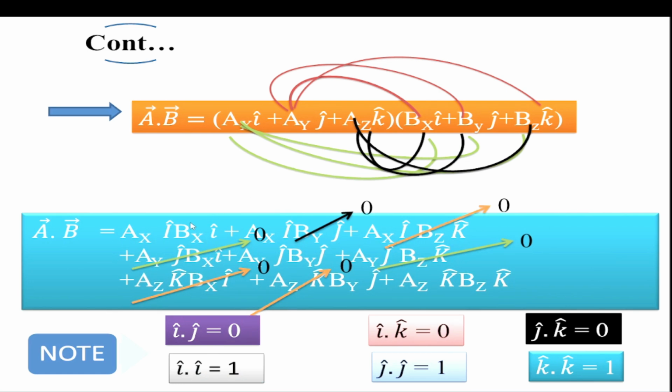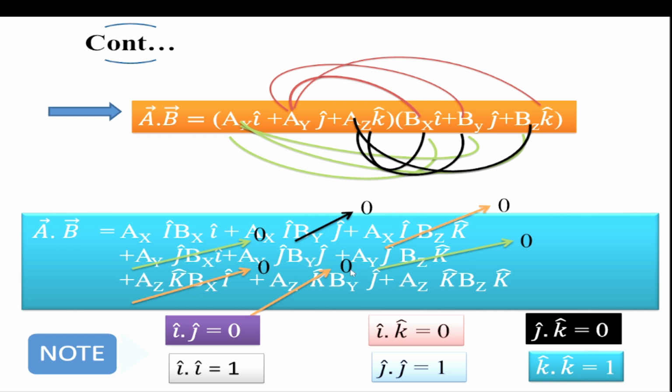Look, i dot i is 1, and hence we will remain with ax bx. Here i dot j becomes 0, and then this term becomes 0, this term becomes 0, this term becomes 0. But j dot j is 1, and then we will have ay by. Therefore ax bx plus ay by.